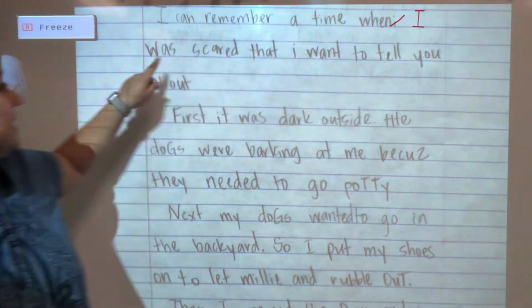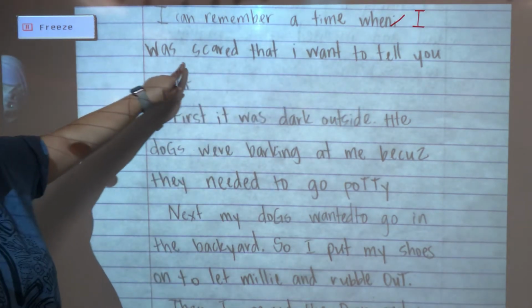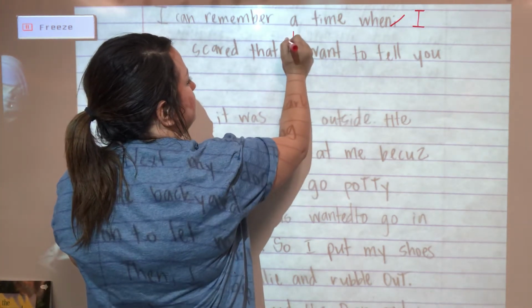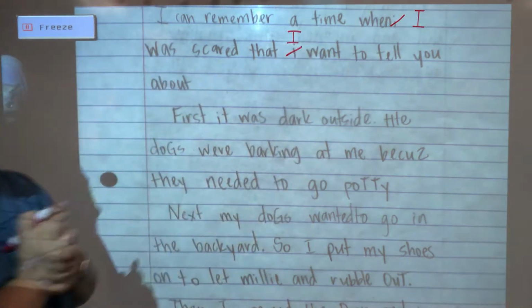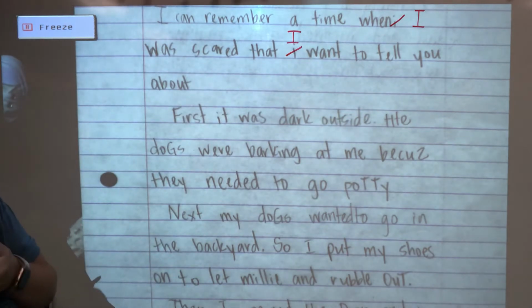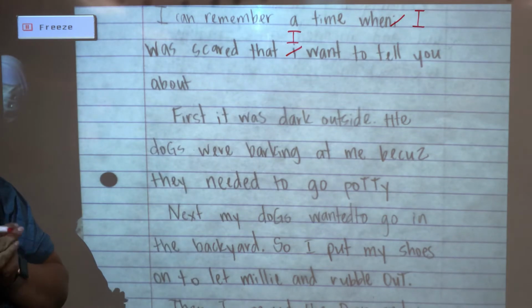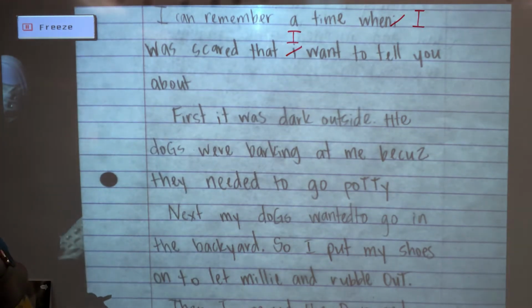I can remember a time when I was scared that we have to capitalize this I too. And notice I'm not erasing, I'm just writing over it and fixing that mistake, because I want to see those mistakes you're making and I want to see how you went back and corrected them.